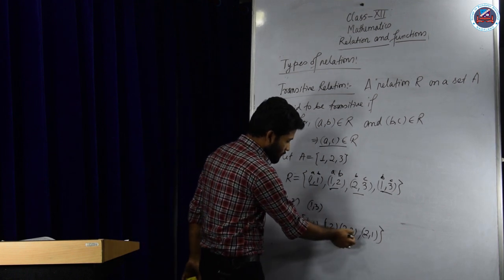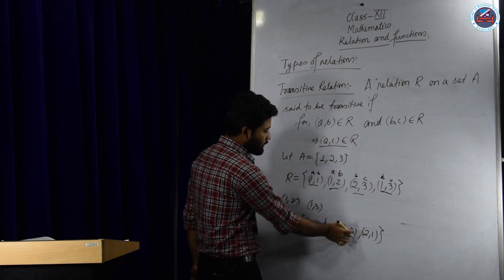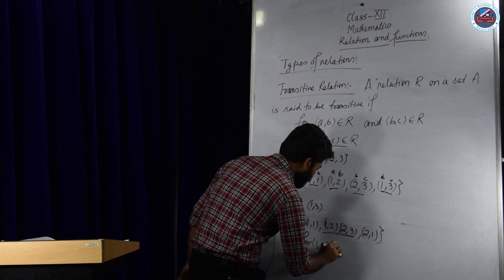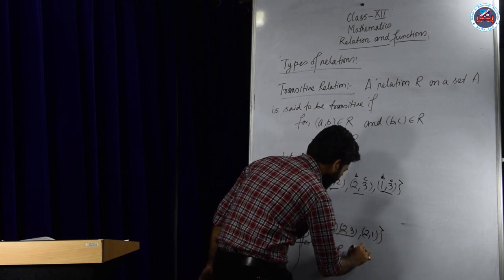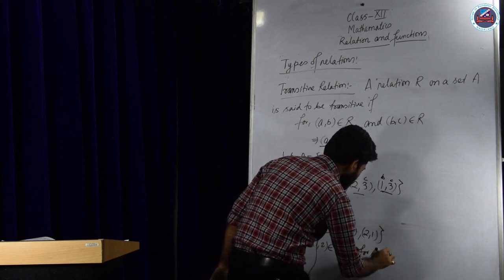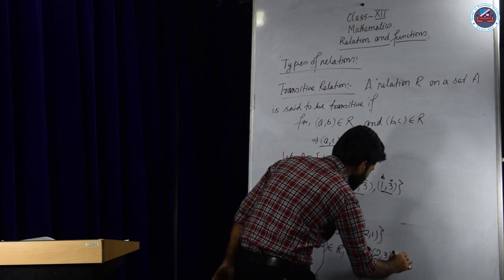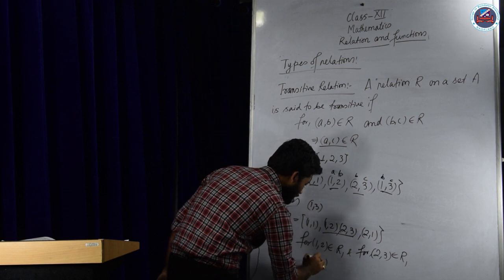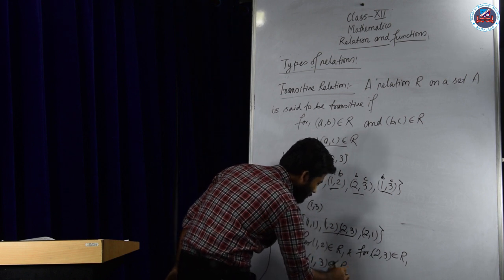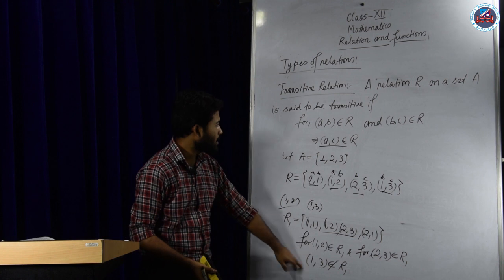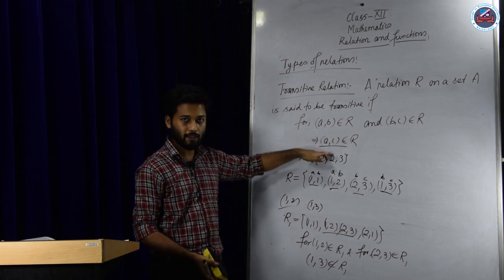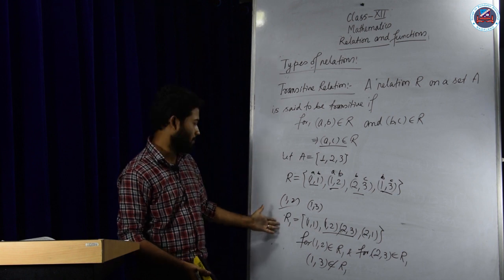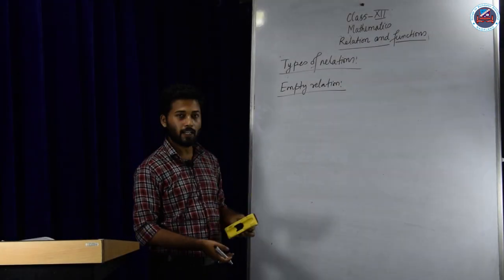Because (1,2) belongs to R1 and (2,3) belongs to R1, but (1,3) does not belong to R1. So this particular property has not been satisfied, and so we can say that this relation is not a transitive relation.